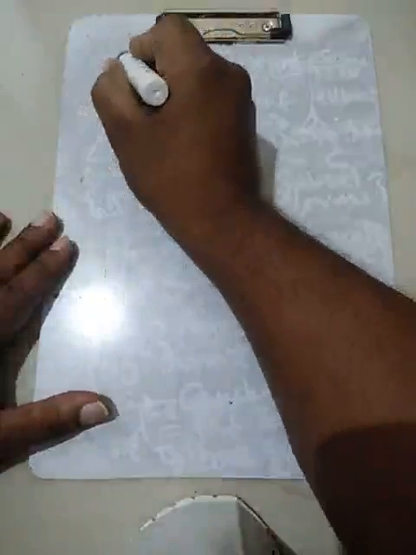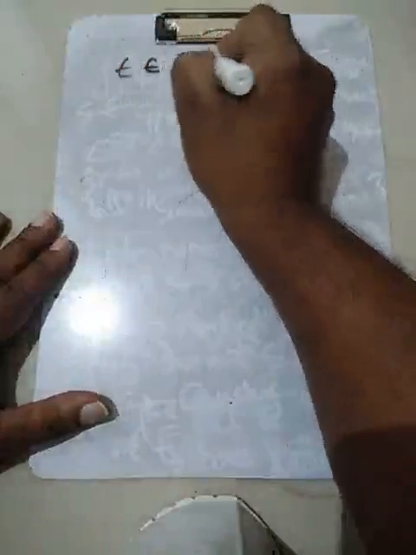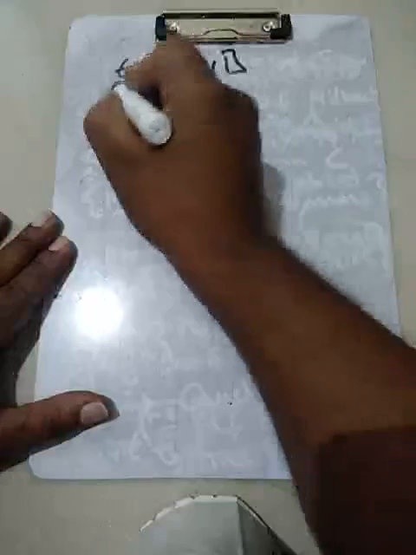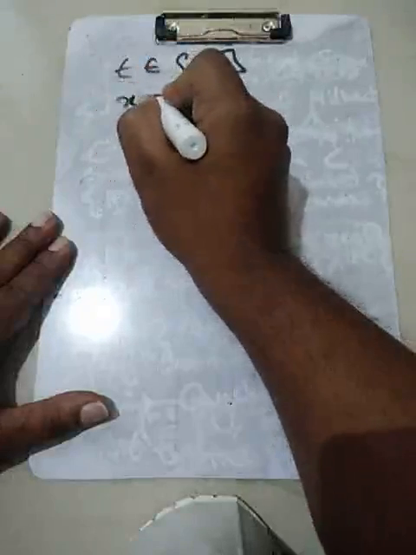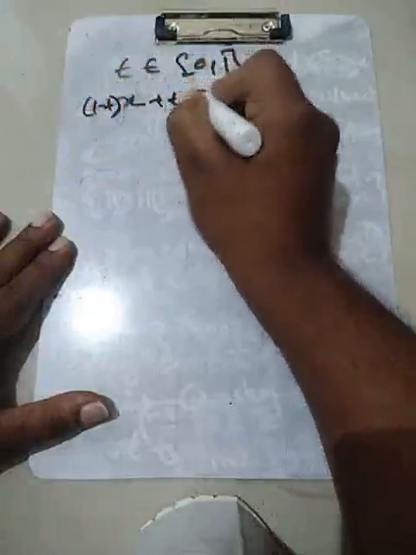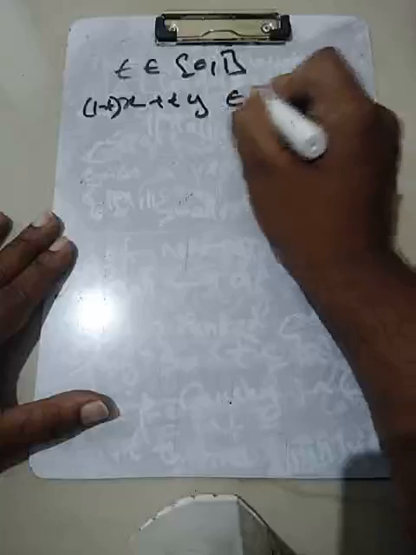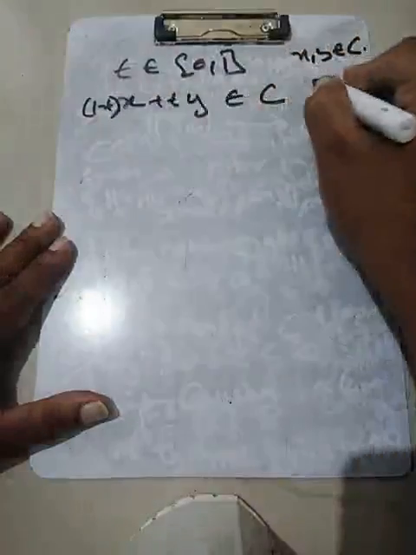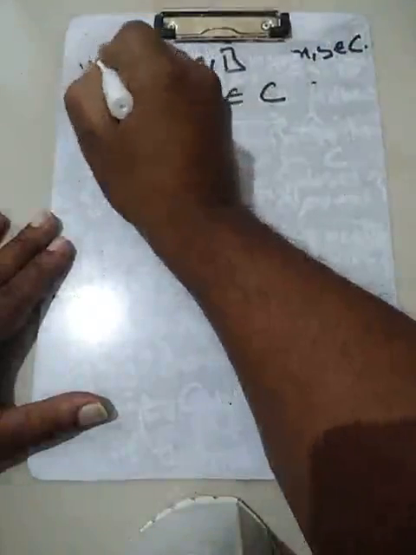So the convexity property, what does it allow? For t belonging to [0, 1], if you take any x and y, then (1 minus t)x plus ty should belong to C, for all t.